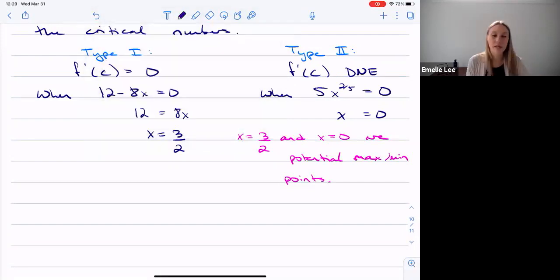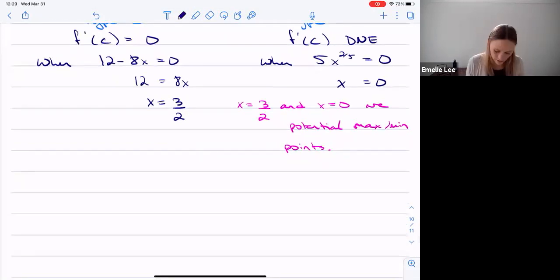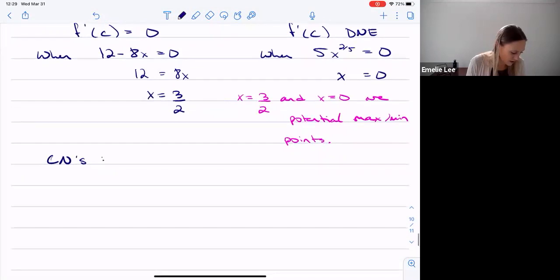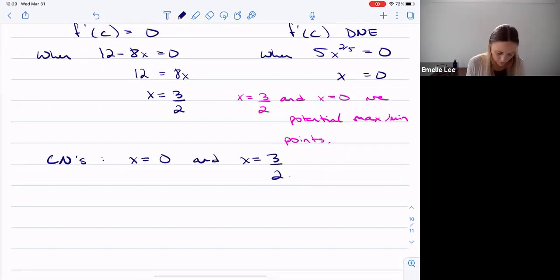That's not what we were doing in this question. It was just asking what the critical numbers were, but that's where we're headed, right, to find those max and min values. So the critical numbers are at x equals 0 and x equals 3 over 2.